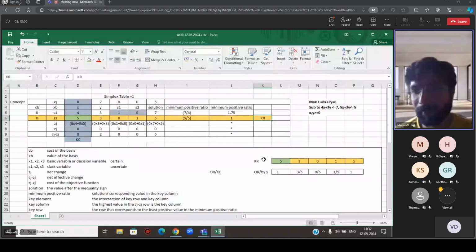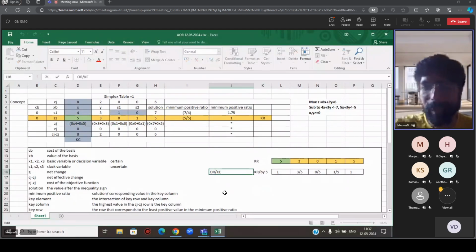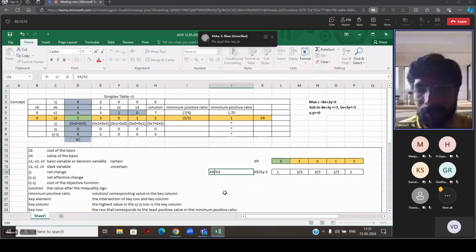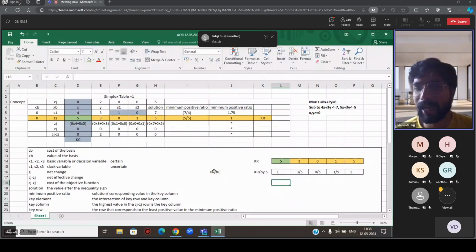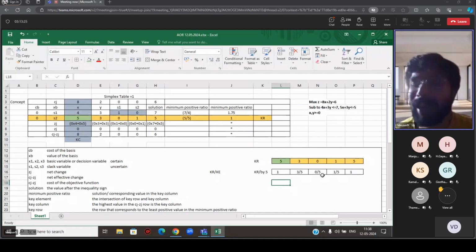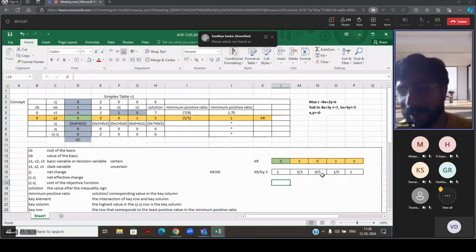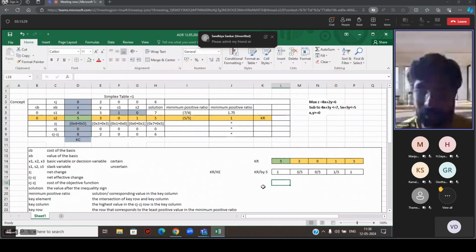Then I am going to divide the key row by 5, which is the key element. So they will put it as key row by key element, KR by KE. Okay. So it is going to be the same thing. So this will be KR by KE. Got it? So whichever is easy for you, you can take it. You can use that in the examination.